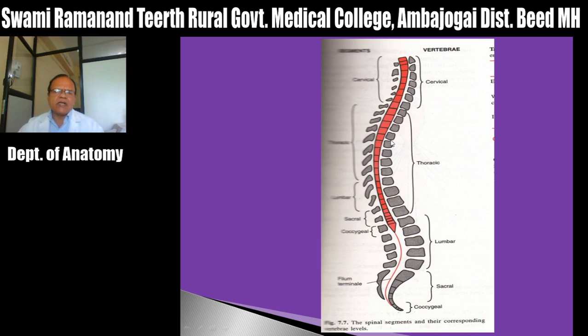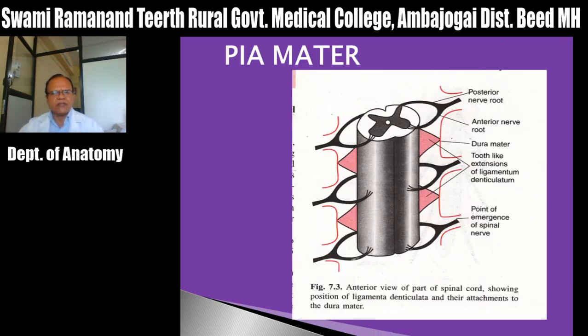Now see what the coverings of the spinal cord are. There are three coverings. The innermost is the pia mater, then the arachnoid mater, and then the dura mater. From the external aspect: dura mater, arachnoid mater, and pia mater. So here you can see these tooth-like processes on both sides. These are modifications of the pia mater.